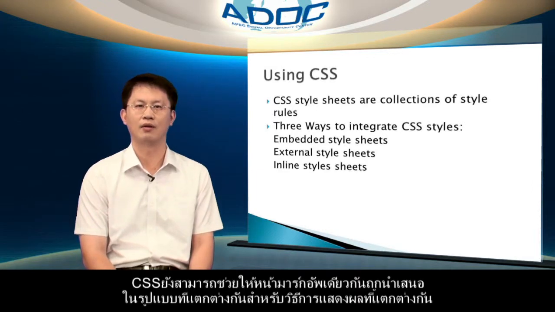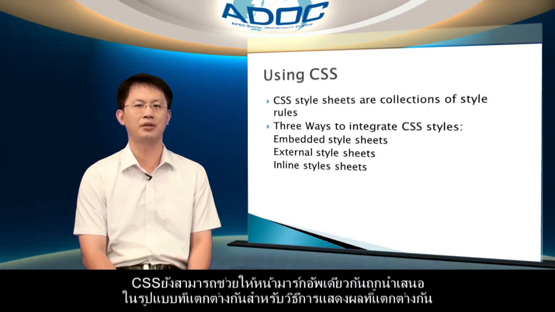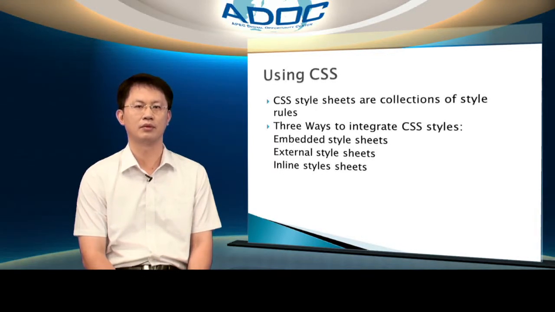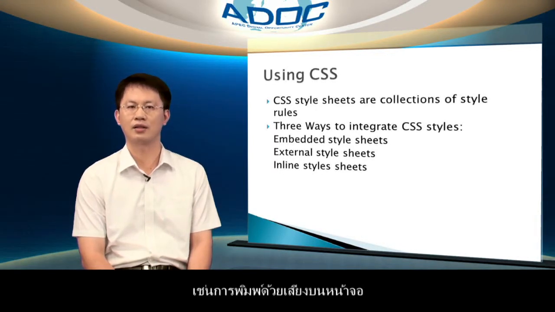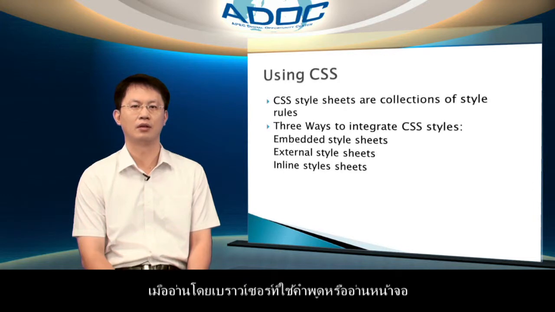CSS can also allow the same markup language pages to be presented in different styles for different rendering methods, such as on-screen, in-print, by voice when read out by speech-based browsers or screen readers.